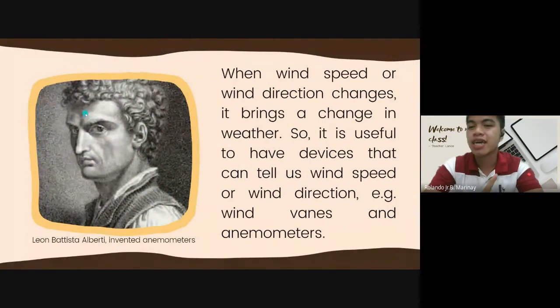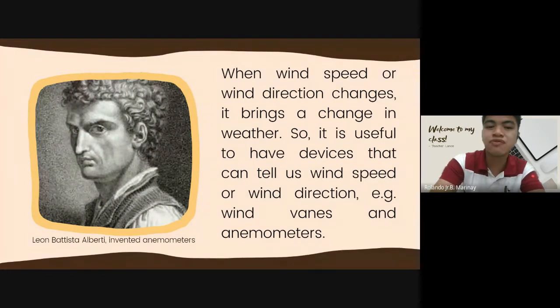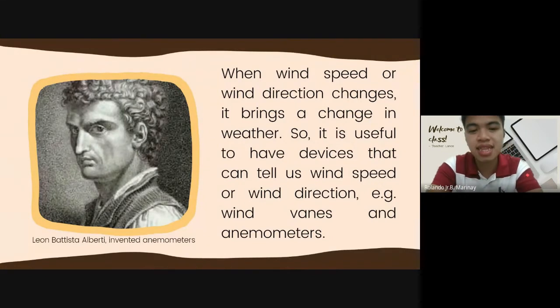Okay. Science fact. When wind speed or wind direction changes, it brings a change in weather. So it is useful to have devices that can tell us wind speed or wind direction. For example, we have wind vanes and anemometers. This is Leon Battista Alberti. He invented the anemometer that is used for measuring the wind.